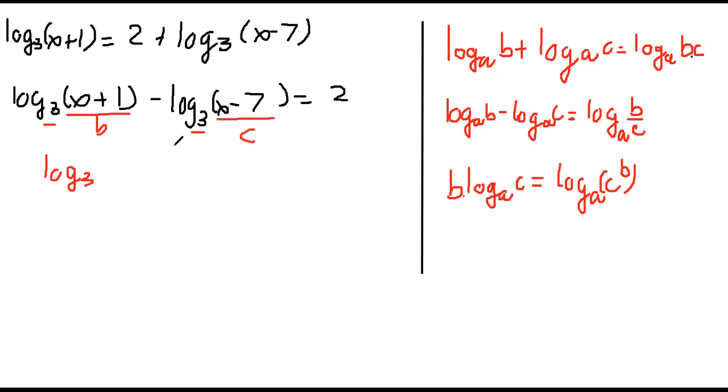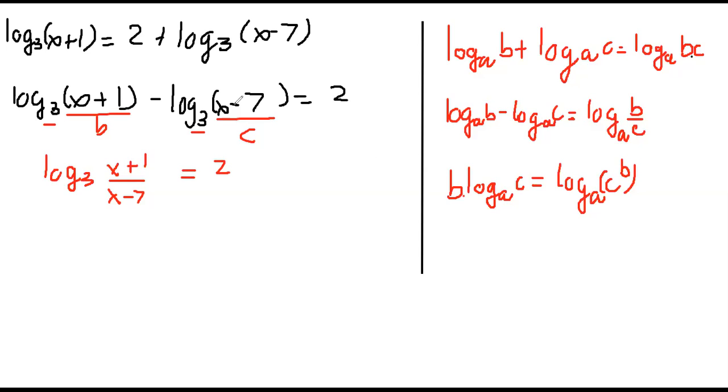So x plus 1 over x minus 7, and all of it will be equal to 2. Now it's way easier for you to solve.